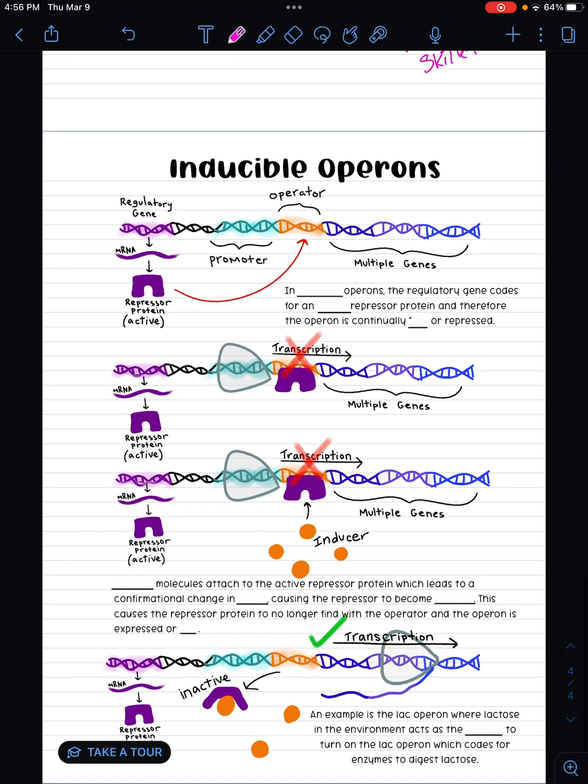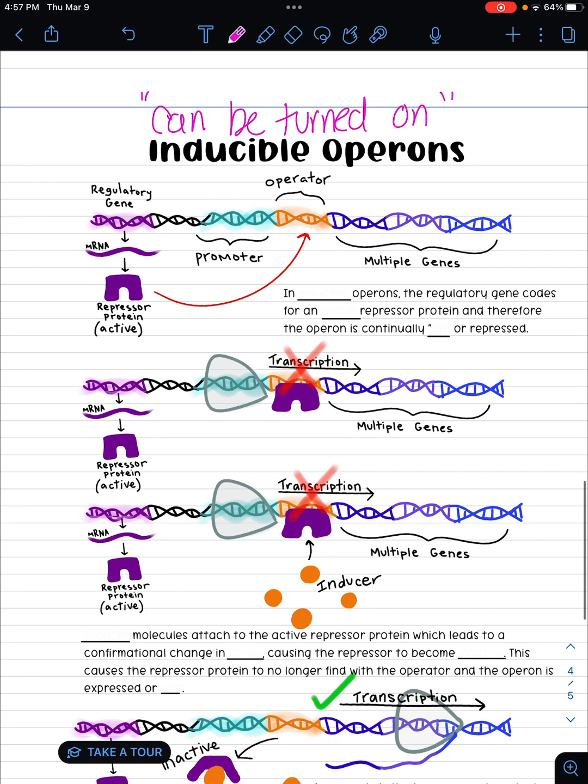So guess what? There's going to be an inducible operon. So we're going to write can be turned on. Can be turned on, okay? Inducible operons. It says in inducible operons, the regulatory gene codes for an active repressor protein, and therefore the operon is continually off, or repressed.